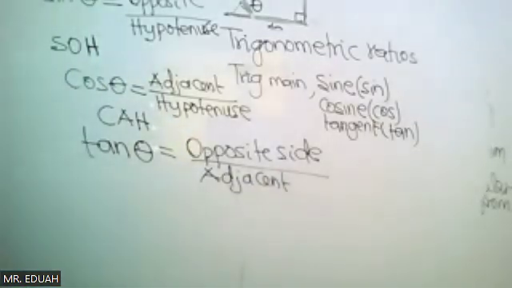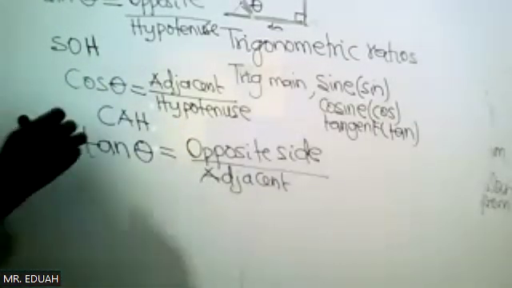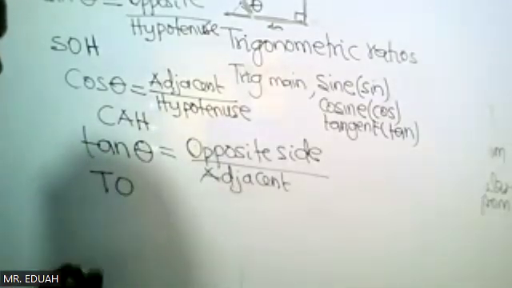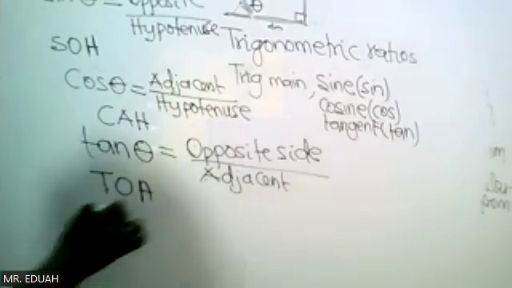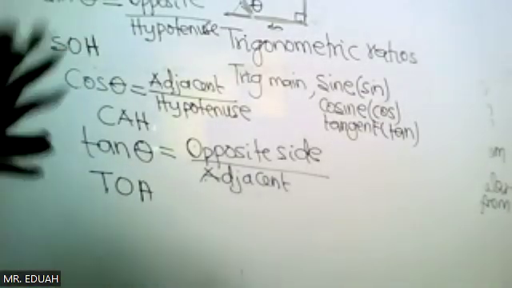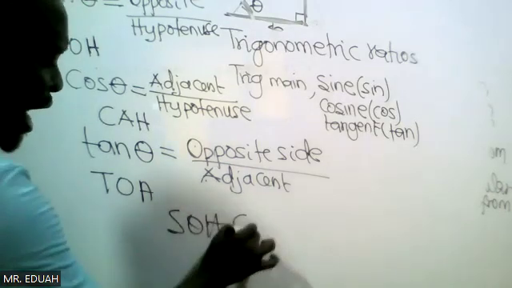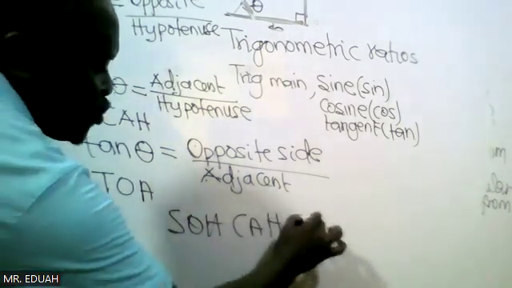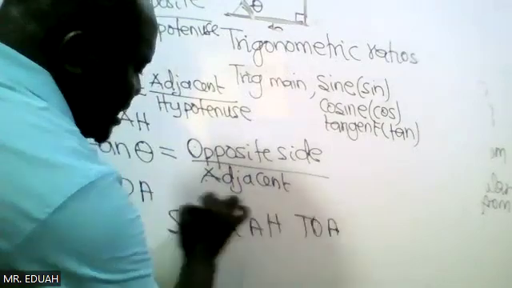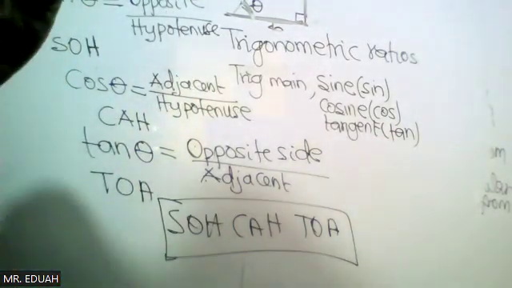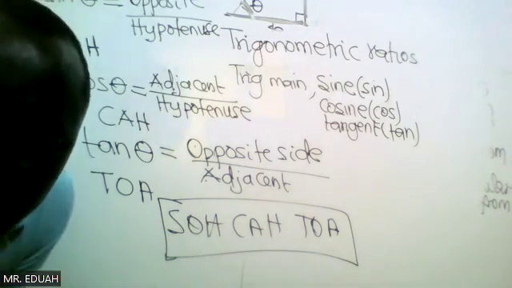So for easy memorization, we pick the T, O and A, TOA. So when you join the three, you have SOH CAH TOA. And class, this is what helped some of us to memorize this so well.